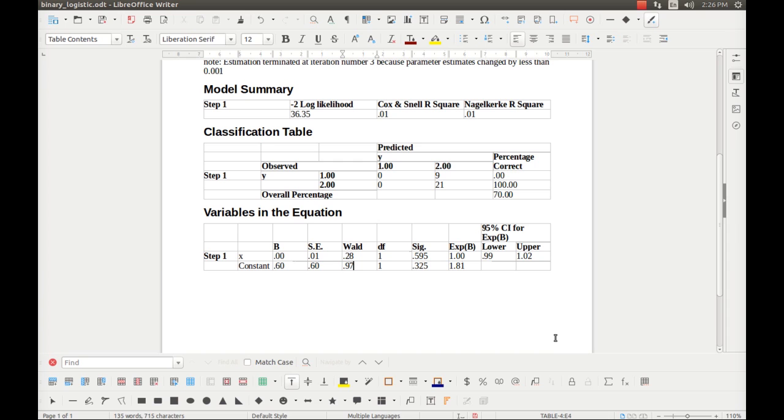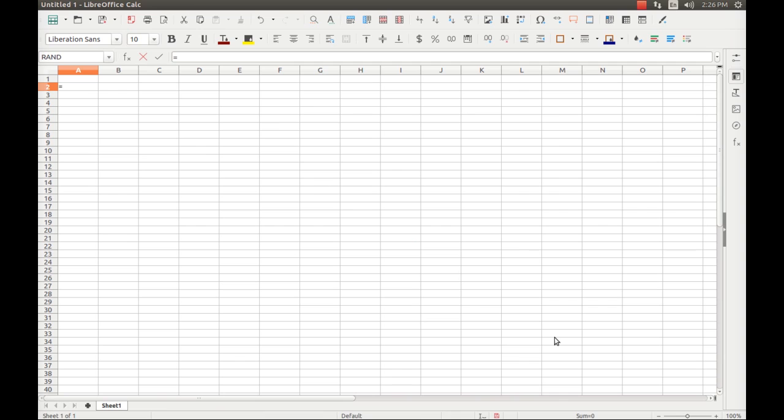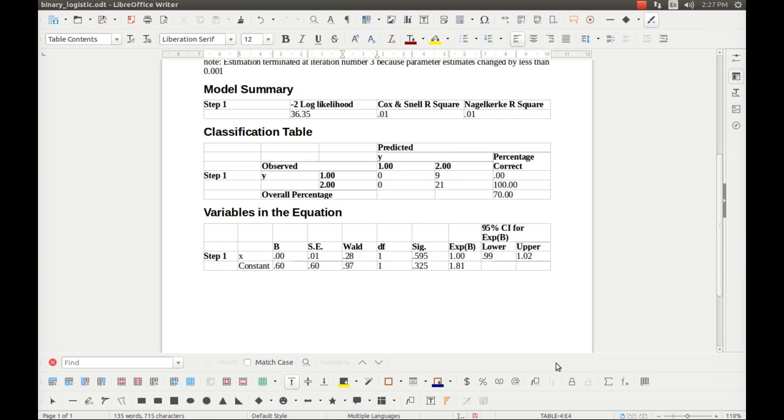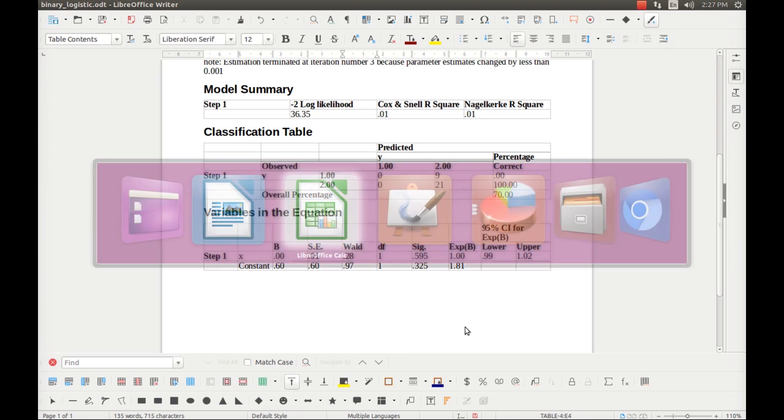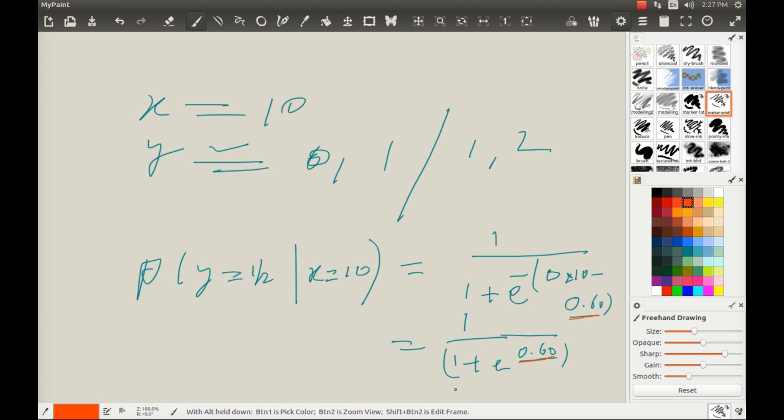So now let us go to our Calc. Here I will try to find it out: 1 divided by 1 plus e to the power of 0.6. That's going to be the value 0.3543. 0.3543 is the probability.